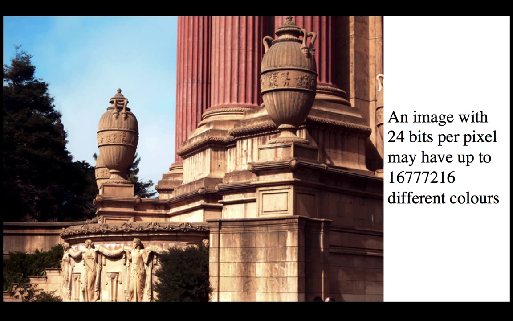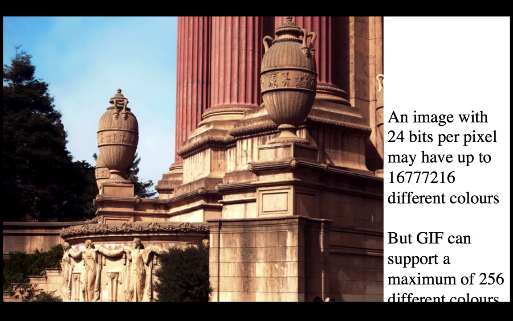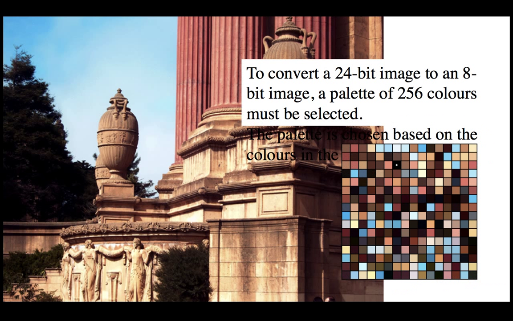So let's say I have an image that's stored at 24 bits per pixel. So I have the possibility of 16 million and something colors. Now, if I wanted to save that as a GIF, for example, which only has 256 possible colors, I would have to choose which 256 colors.